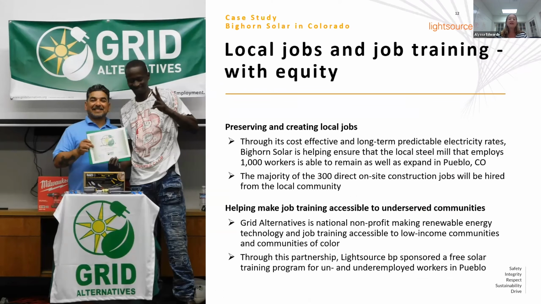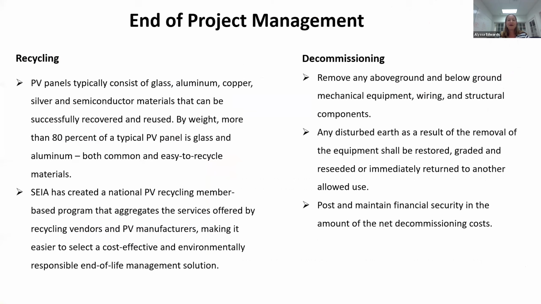This is an example of work we did on a 300 megawatt project in Colorado. Grid Alternatives brought in a number of individuals and did job training on our project site, and those individuals were then able to go on and work not just in solar but in other related industries. So again, this goes back to the living lab idea.